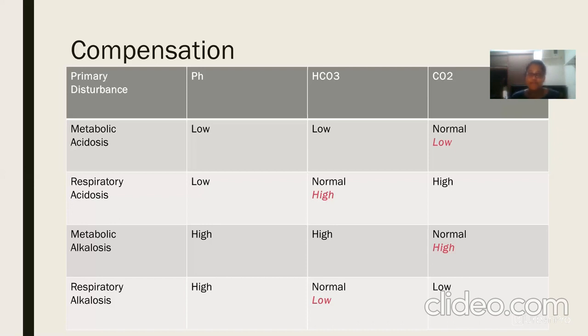Now the key is whether the person is partially compensated or fully compensated. When do you know that? Well, it's very simple. The body is very smart, so it wants to just neutralize. It doesn't care about these parameters initially.